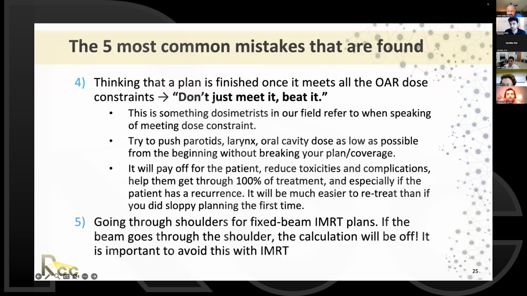Otherwise, the contours and plan could look perfect for one patient, but for the next patient with a different medical history, a different nuance, those contours won't work anymore. So it takes a lot of going back and forth to the patient's medical chart, making sure everything matches up right away, because correcting those kinds of things partway through is very, very tedious and sometimes not possible. So it's better to sit down and dedicate a lot of time to making sure that you have everything right before you approve the plan.